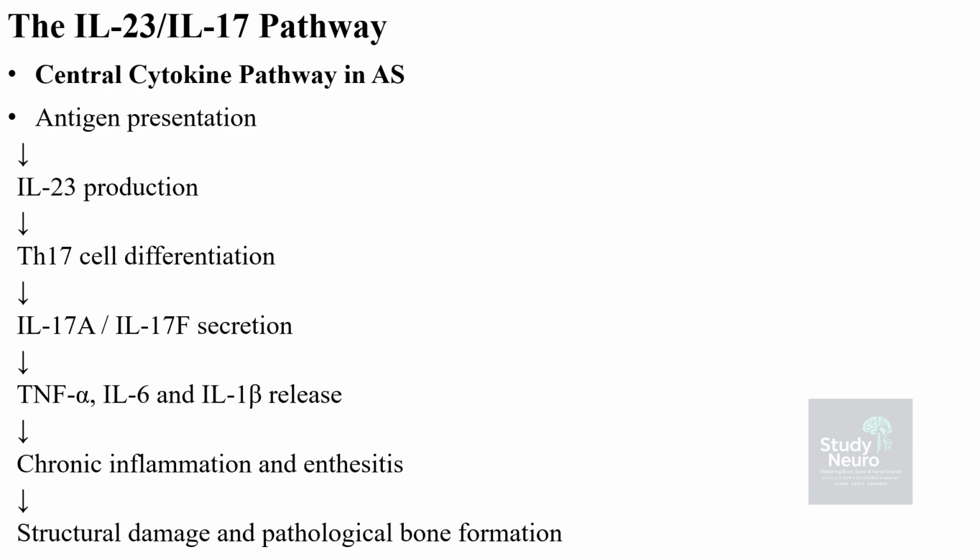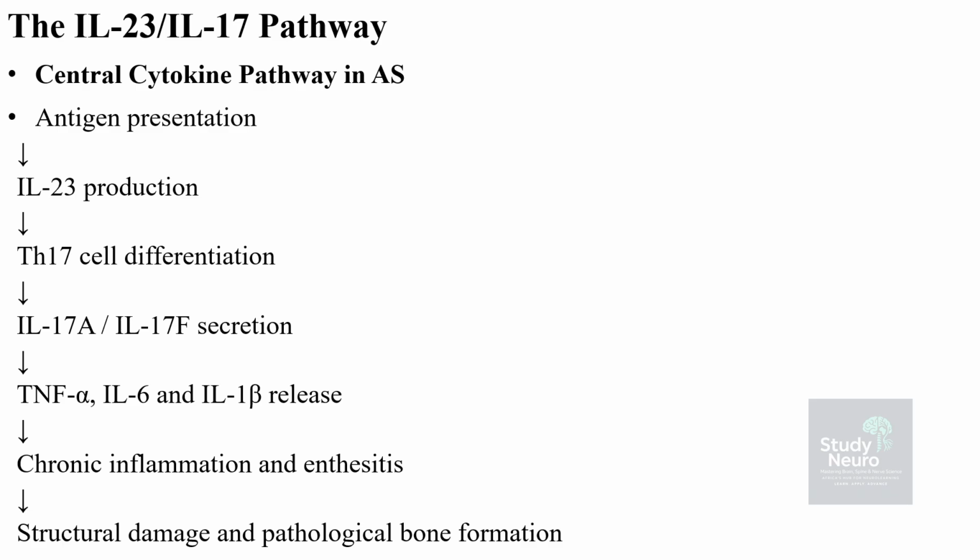The interleukin-23 and interleukin-17 pathway is a central part of the immune response involved in ankylosing spondylitis. It begins when antigen presentation activates the immune system, leading to production of interleukin-23, which promotes the development and activity of T helper 17 cells.